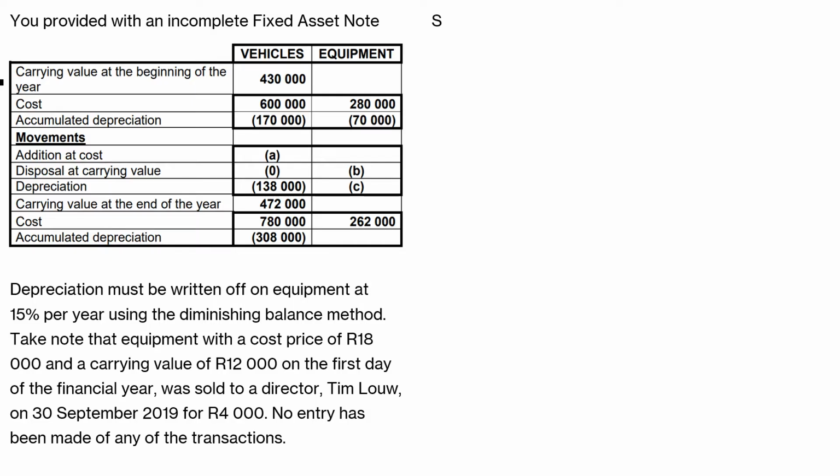Right, so you're provided with an incomplete fixed asset note. In this particular note, you find that you have things that are missing. This cost here is the opening cost at the beginning of the year, and remember, in the trial balance, values for fixed assets are shown at cost.